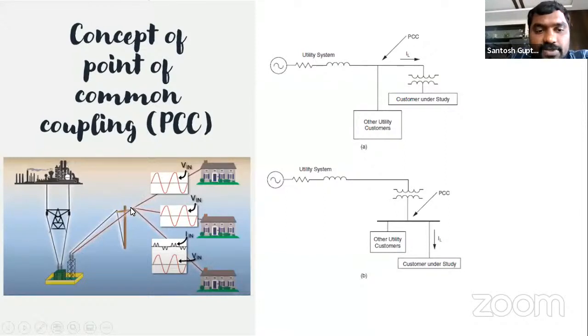When this source voltage gets distorted, the loads which are already connected to the same utility will also get affected. So this point will be your point of common coupling. If you are connecting on the transformer secondary, and this is your load, this will be your point of common coupling. So here you need to maintain the harmonics within the limit.